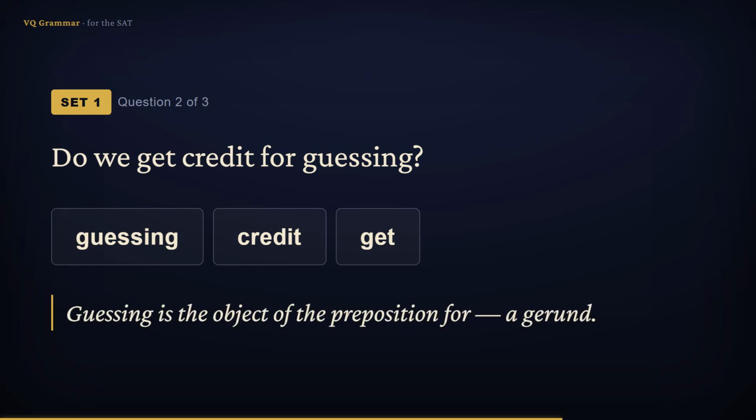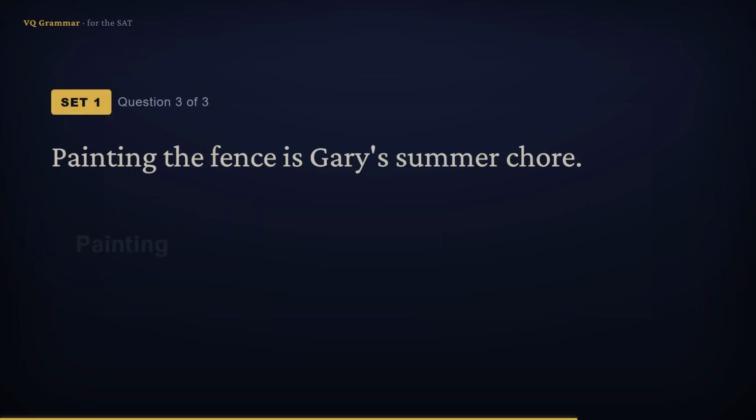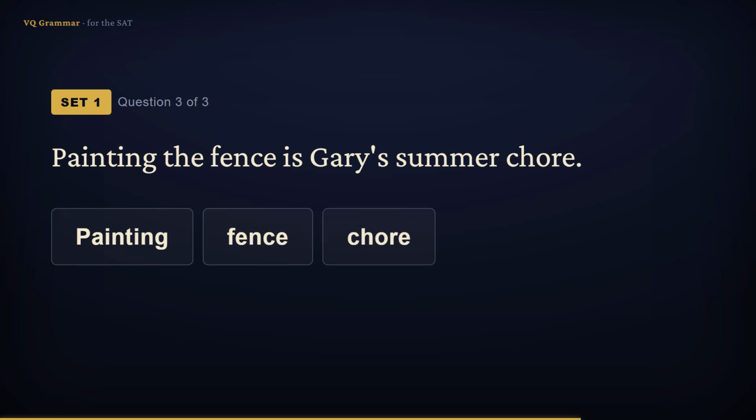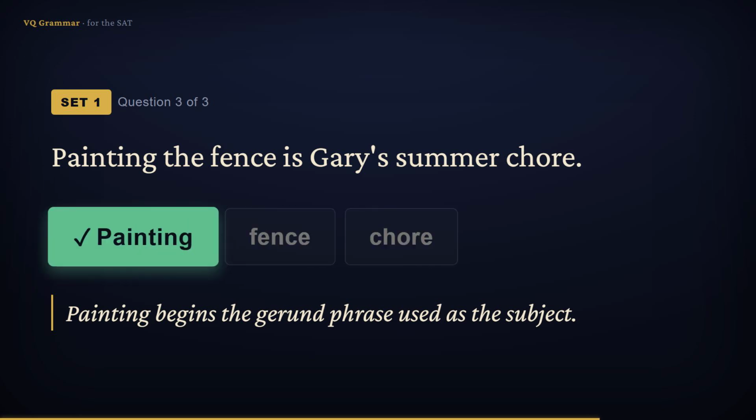Guessing follows the preposition for, serving as its object, a noun's job. So the gerund is guessing. "Painting the fence is Gary's summer chore." Painting the fence is a gerund phrase serving as the subject, and it begins with the gerund painting. So the gerund is painting.